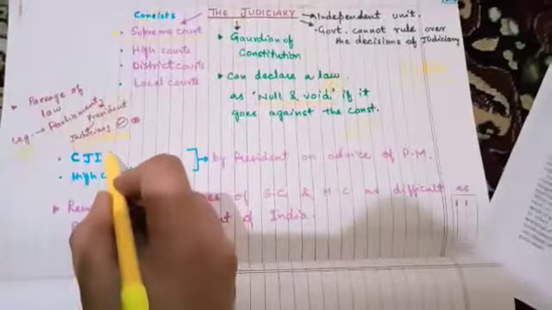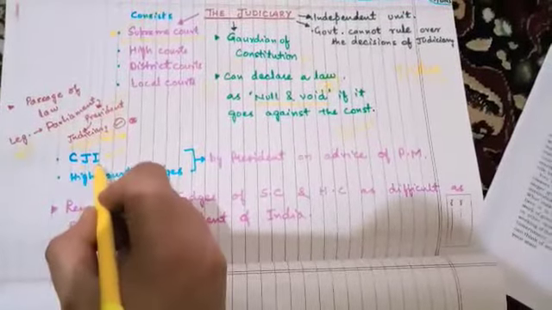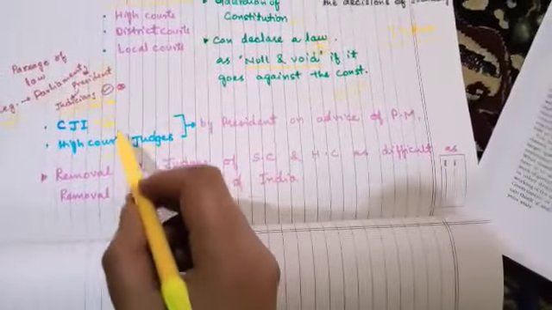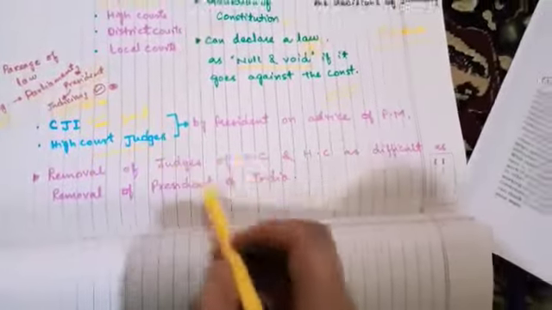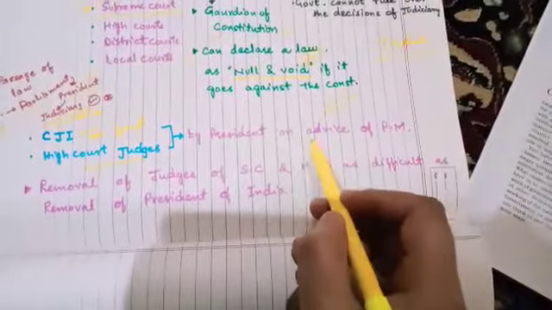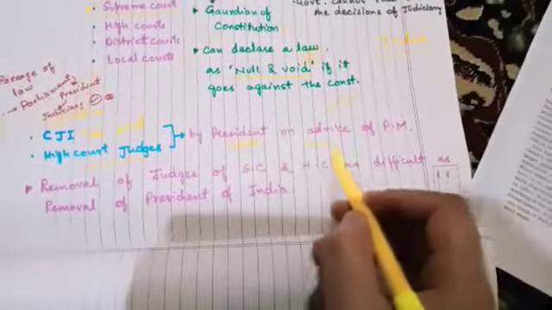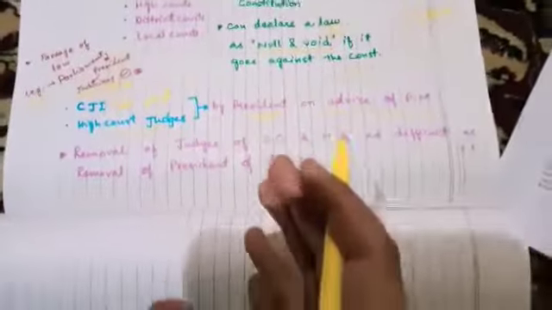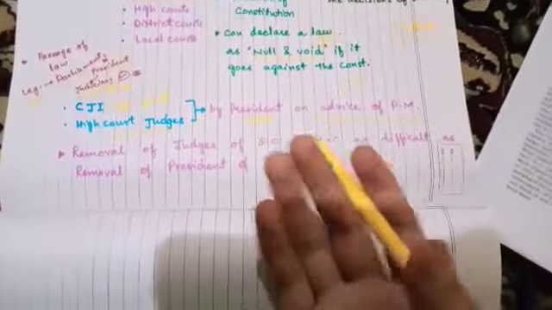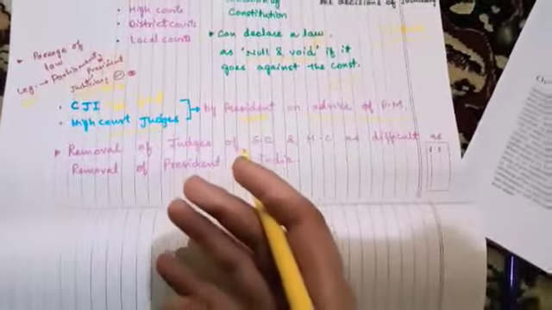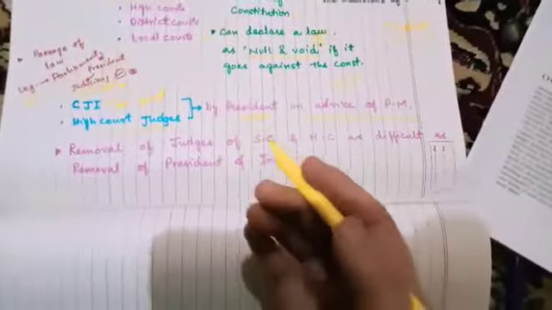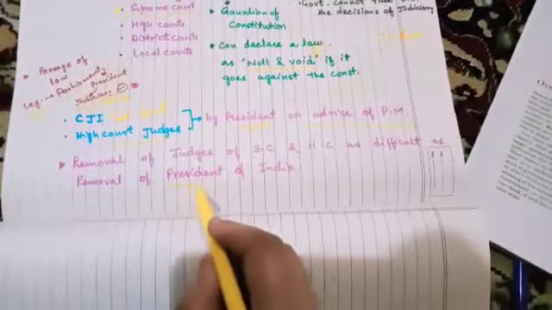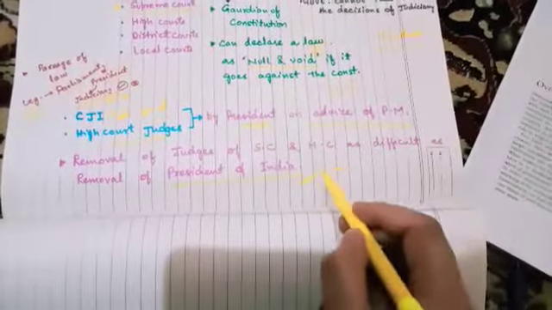CJI means Chief Justice of India, the top judge of the Supreme Court, and High Court judges and other Supreme Court judges are all appointed by the president on the advice of the PM. And regarding removal of judges, once a person is made a judge of the Supreme Court or High Court, it is very difficult to remove them from their positions, as it is difficult to remove the president of India.